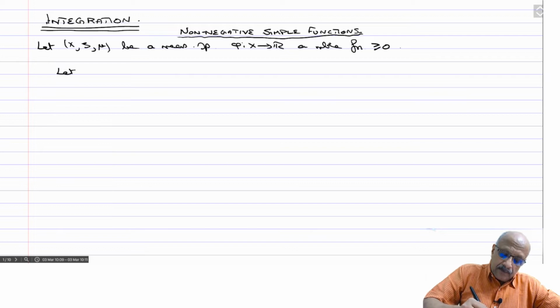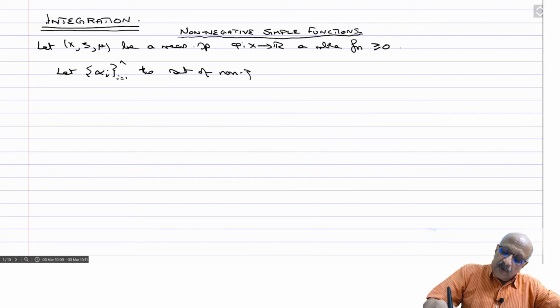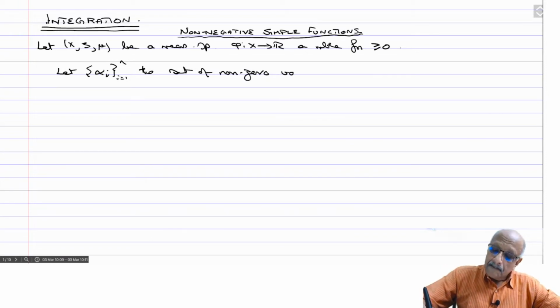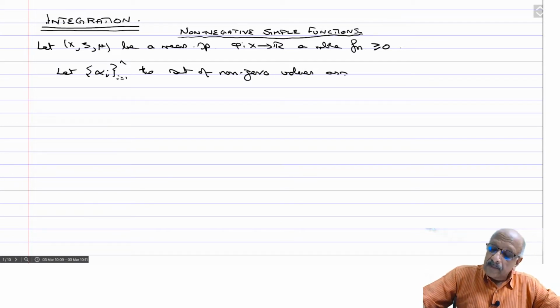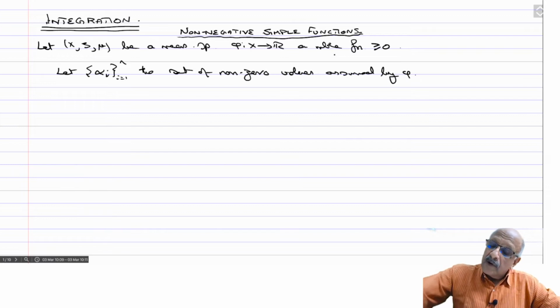Let alpha_i, i equal to 1 to n, be the set of non-zero values assumed by phi. So we are taking a measurable simple function which is non-negative.